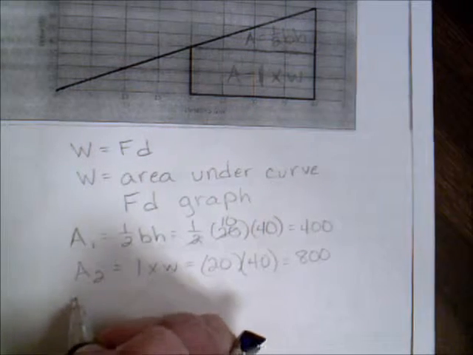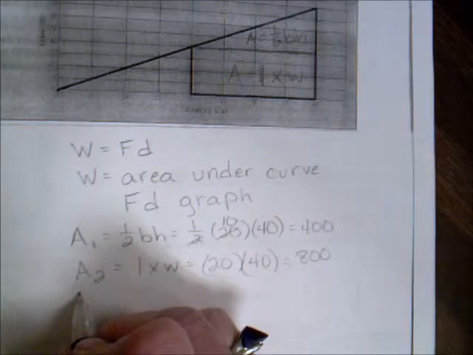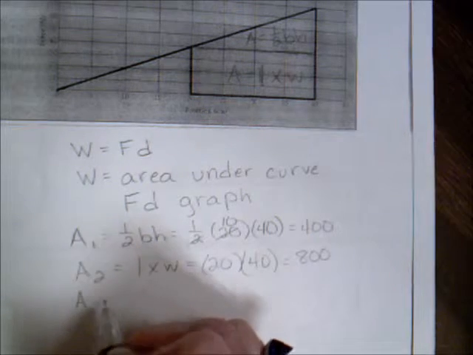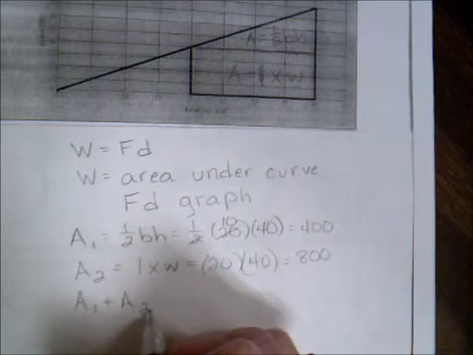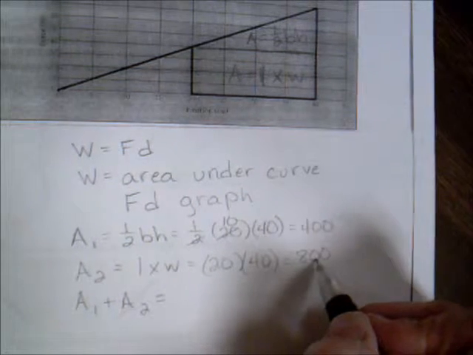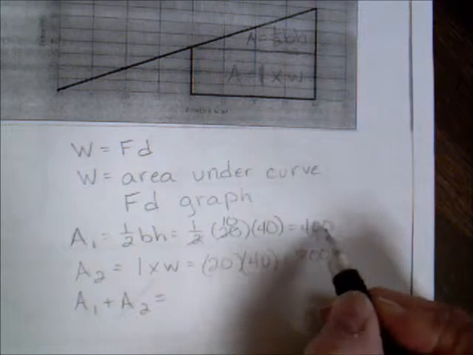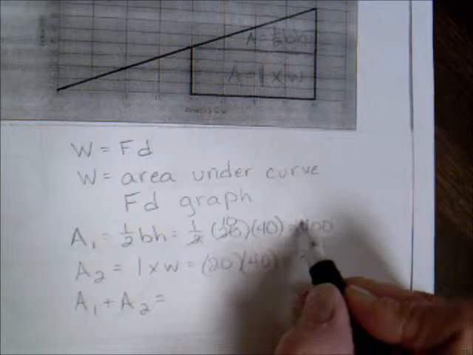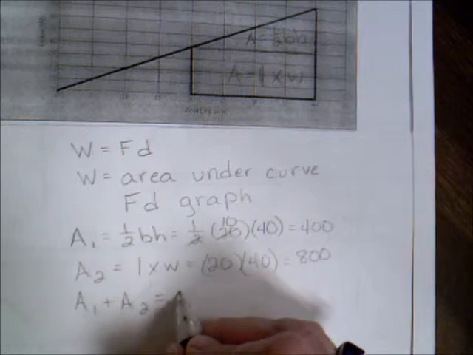So then we add those together. It's going to be 800, 900, 1,000, 1,100, 1,200.